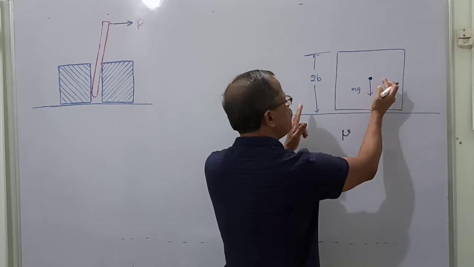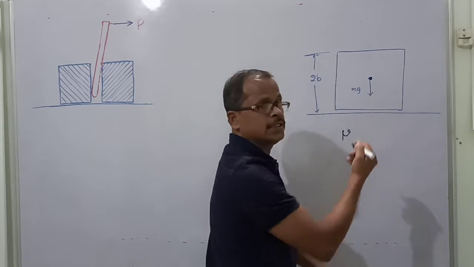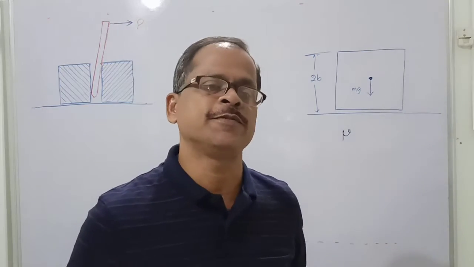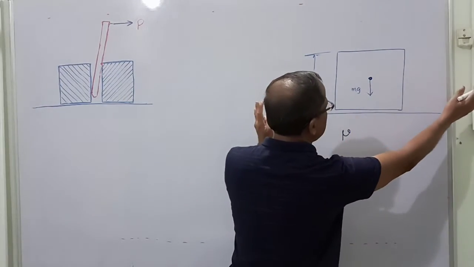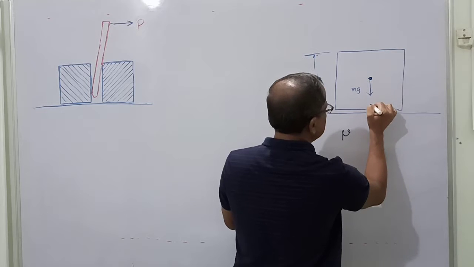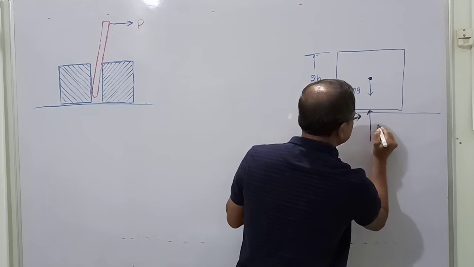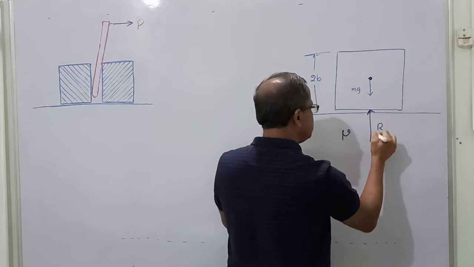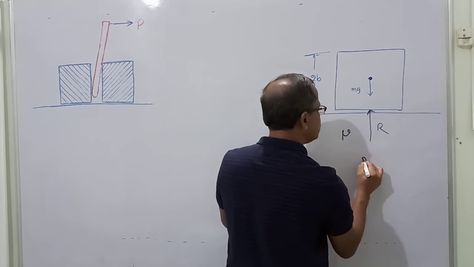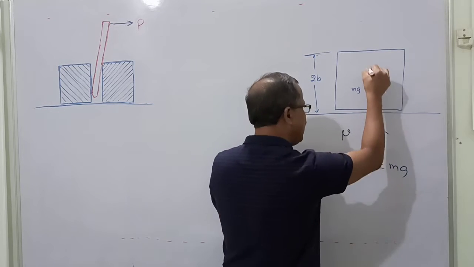So when a force is applied on the block, I am going to explain what changes occur in this block. Look here. Before that, if no forces are acting, weight mg is downward and the ground gives a reaction R. The reaction R and mg are equal, opposite and collinear.